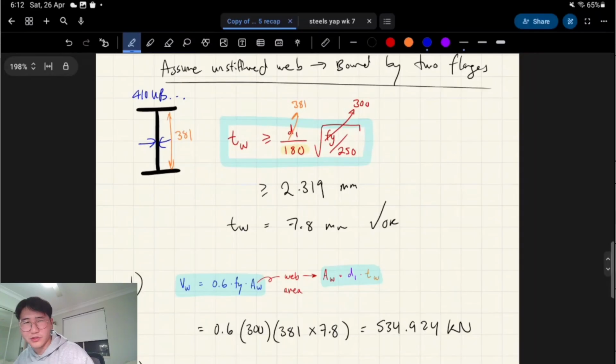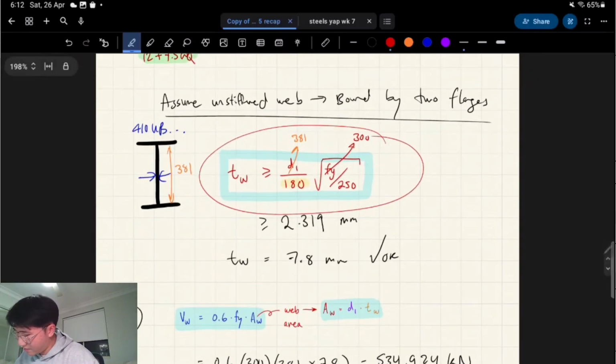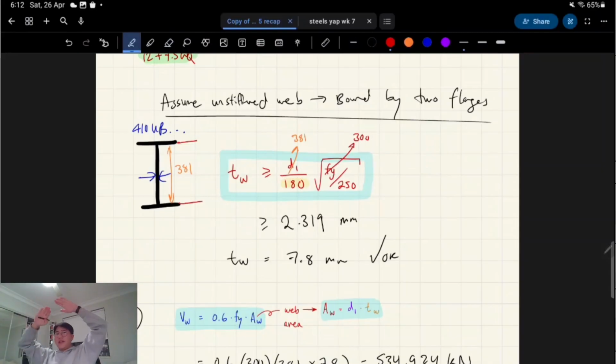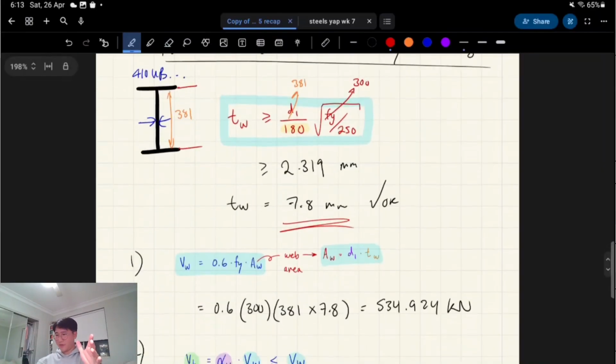I don't think it'll reduce marks, but I'm just going to tell you how to do it anyway. So it's this formula for an unstiffened web bound by two flanges. We plug in d1, which is the clear depth, the depth of the air between the two flanges, divide that by 180, and multiply it by the square root of our yield strength divided by 250. It says that our minimum web thickness has to be greater than 2.3 mm. So when you look on OneSteel, our thickness is 7.8 mm. Obviously they know what they're doing when they're designing these products, right? So that's completely fine.